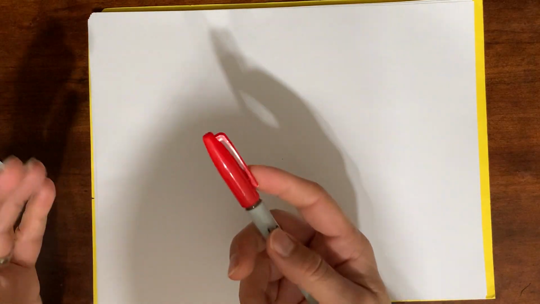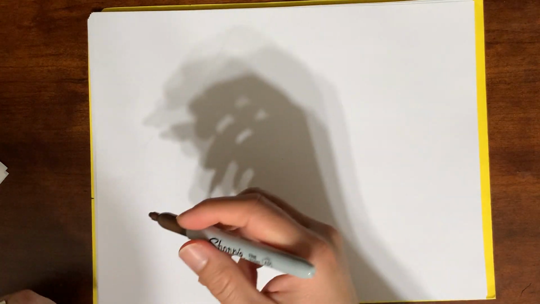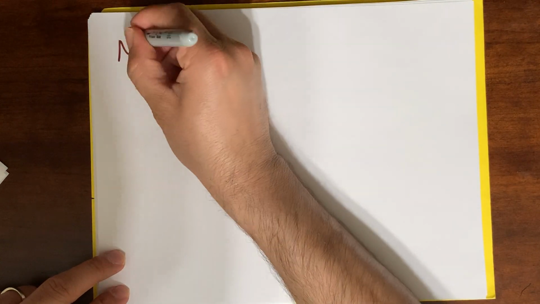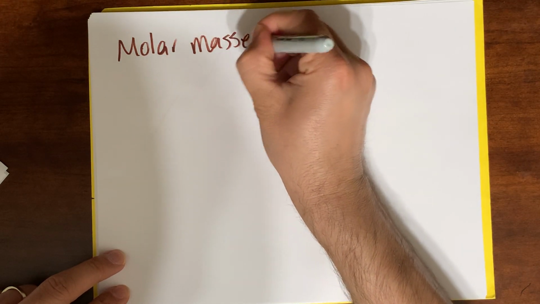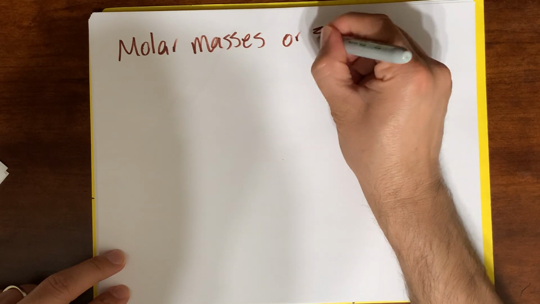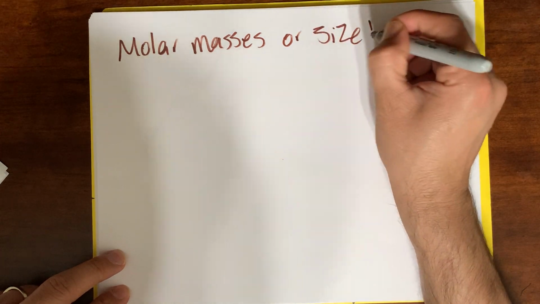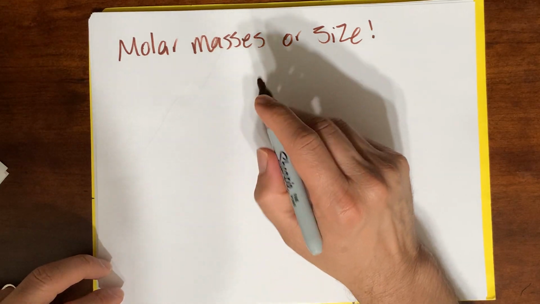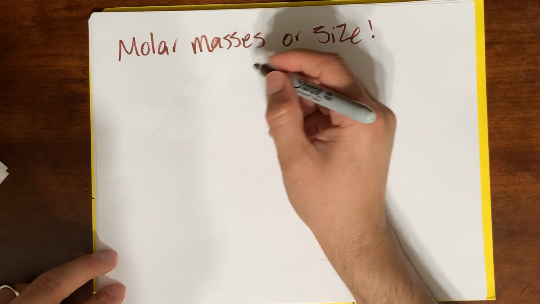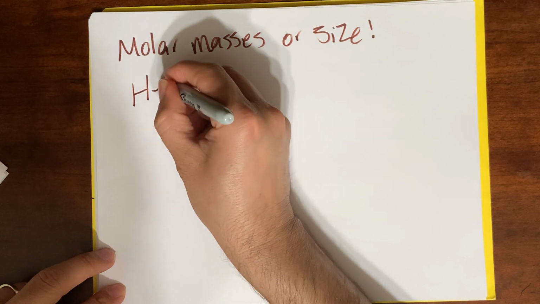And the next thing is, if you want to compare entropy of two molecules, look at their molar masses or size. Okay, molar masses or size. Let's say we have helium.